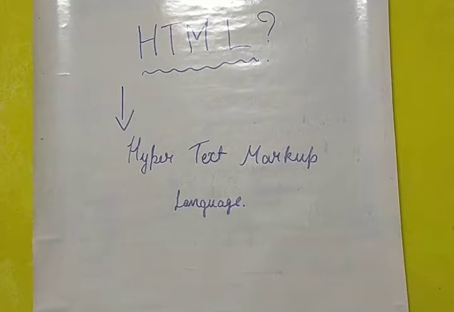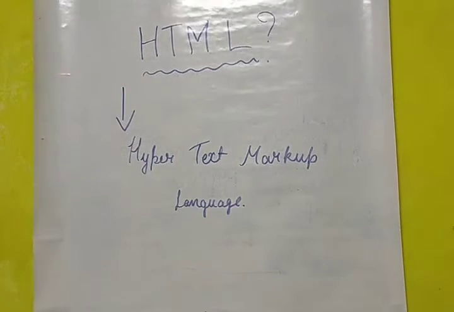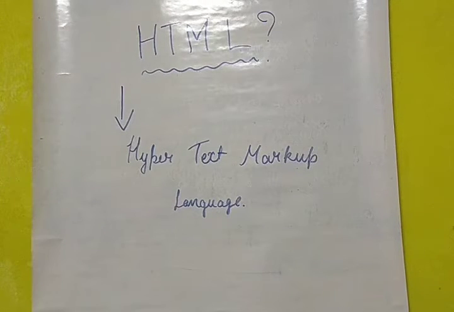Clear? Whenever we study about HTML, HTML directly relates to the web. Web means internet. So it is the standard language for the documents which are designed to be displayed in the web browser.